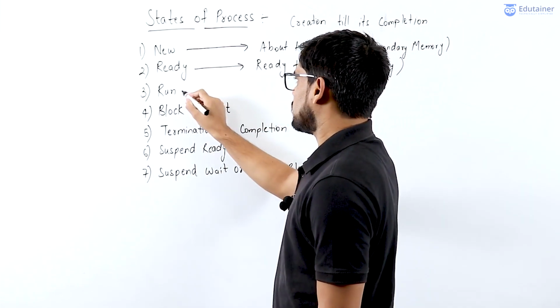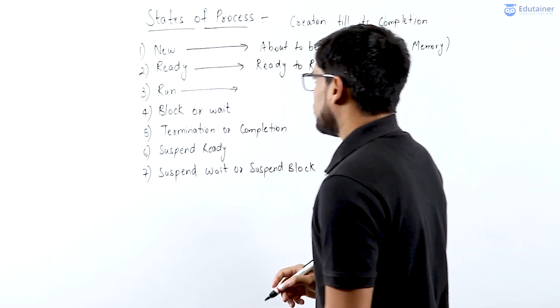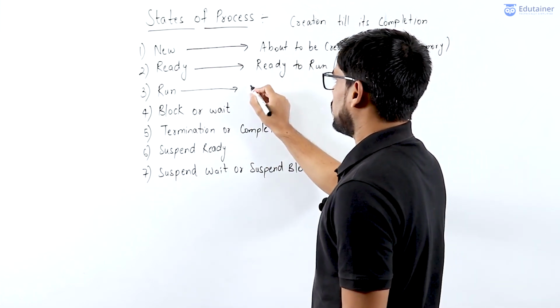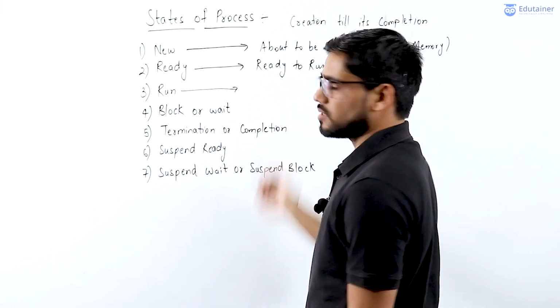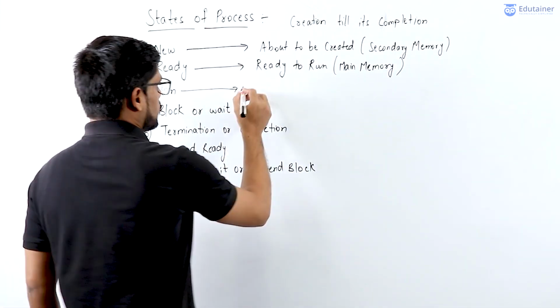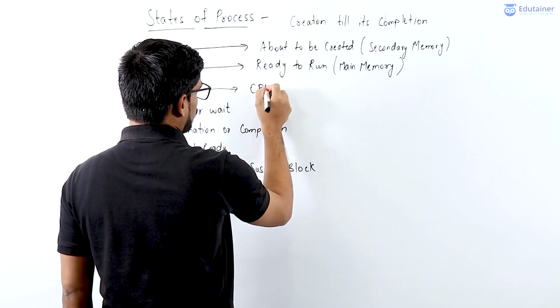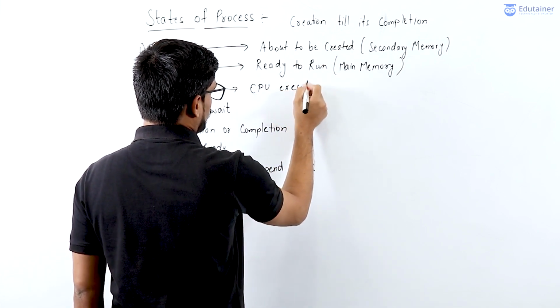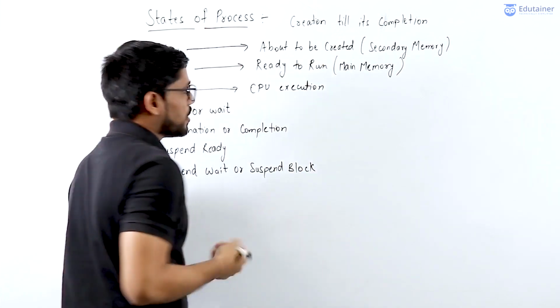Now the third state is run. So the run state denotes that a CPU picks some process for execution. So it is generally for CPU execution. So which process is picked by the CPU?